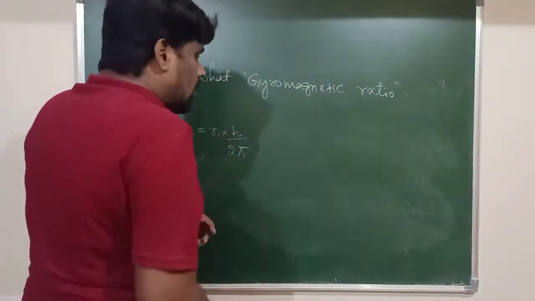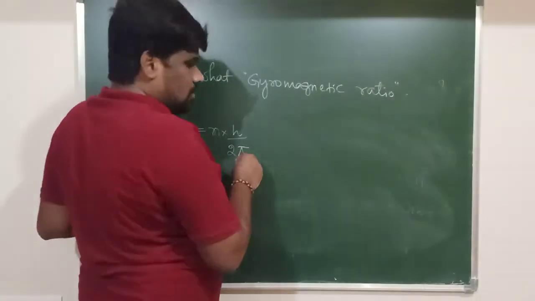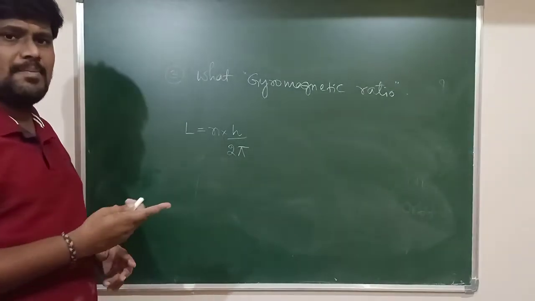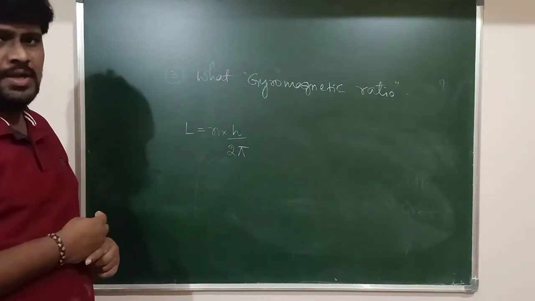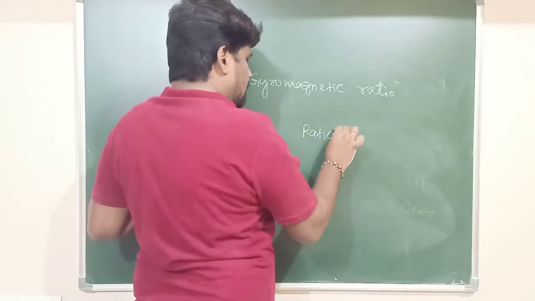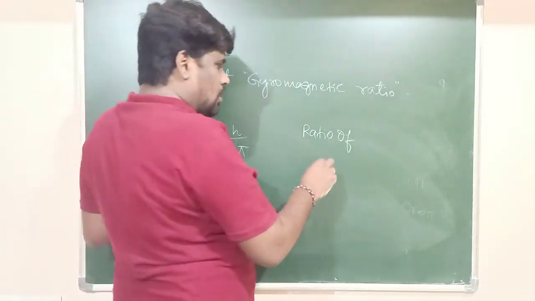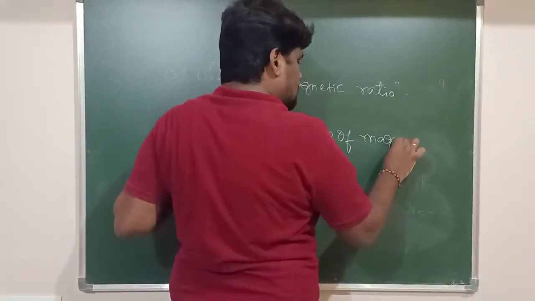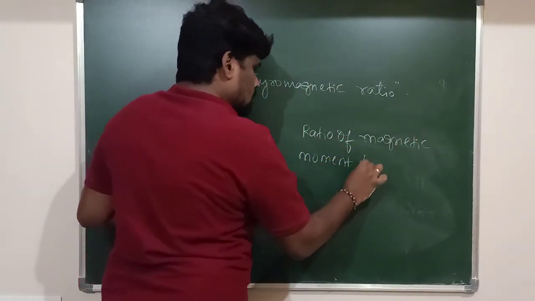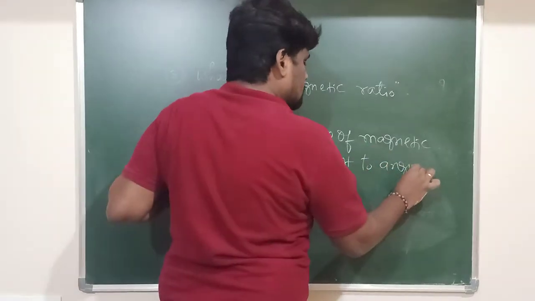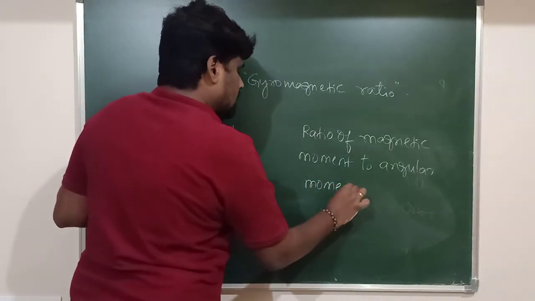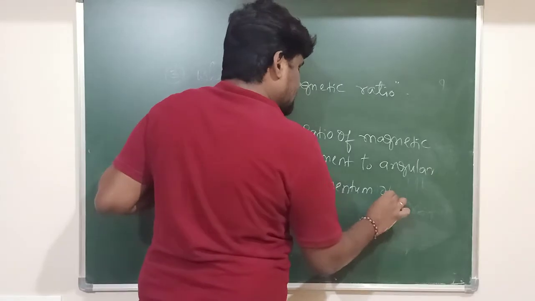And electron can also have the property called what? Magnetic moment. Electron can also have the property called magnetic moment when it is revolving around the nucleus. Then I will find the ratio. Which ratio? A ratio of magnetic moment to angular momentum of electron.